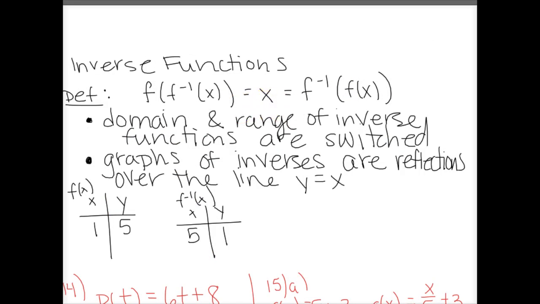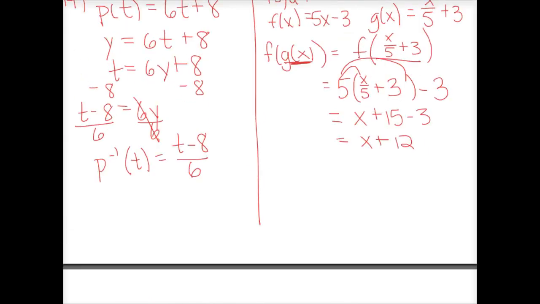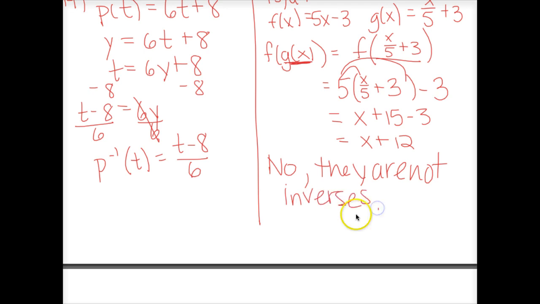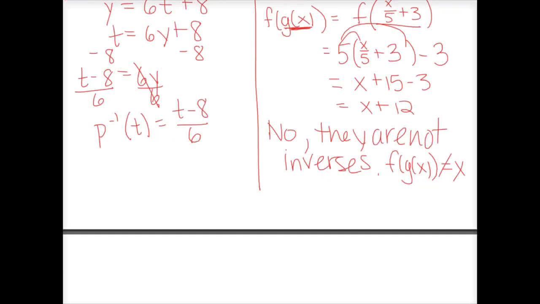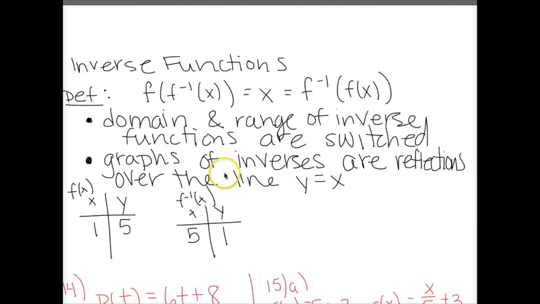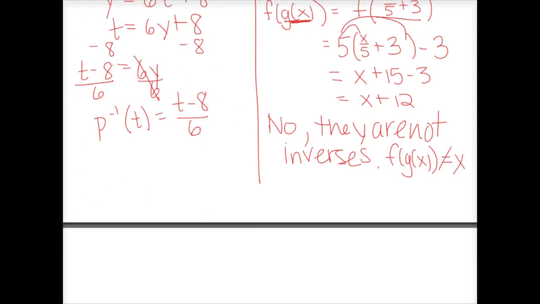So on my first composition, I did not get x, which means no, they are not inverses, because my first composition did not work. For explanation, you can just say f of g of x didn't equal x, and that's enough.